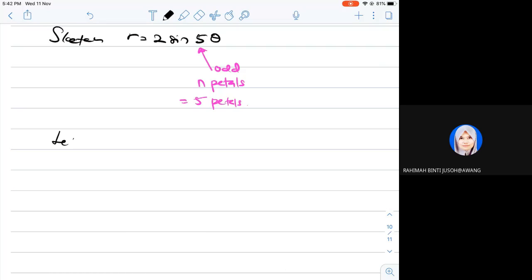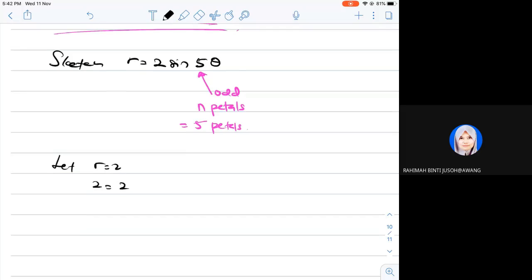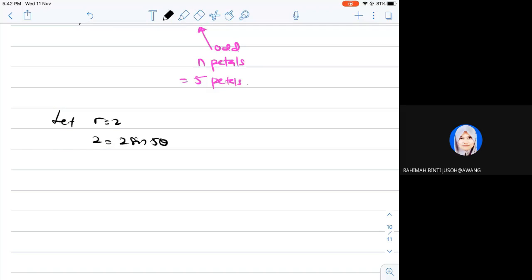Now, let r equals 2. So 2 equals 2 sin 5 theta. So sin 5 theta equals 1.